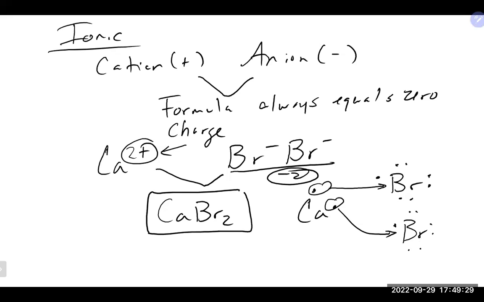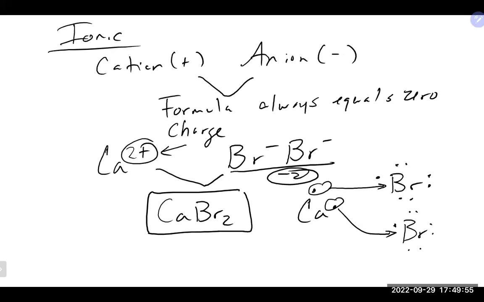This is the reason why we balance out the positive and negative charges: it allows everybody to reach that noble gas configuration in terms of electrons, which, as we talked about with bonding, is really the goal of bonding.